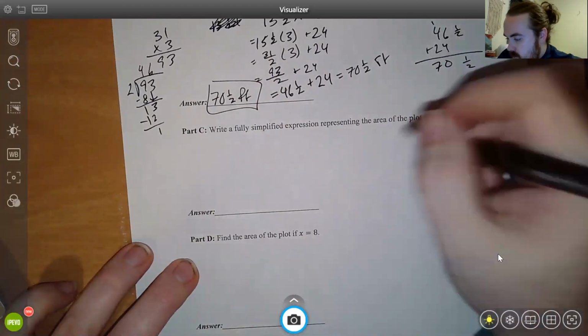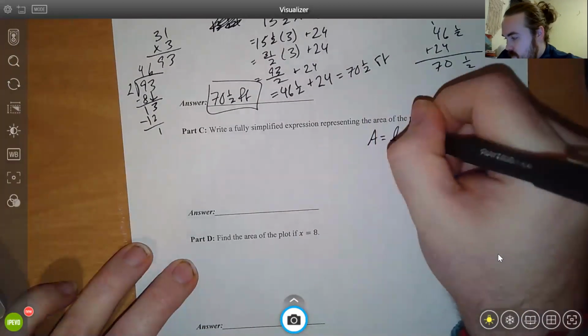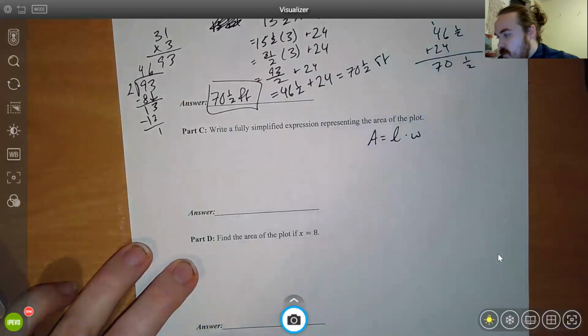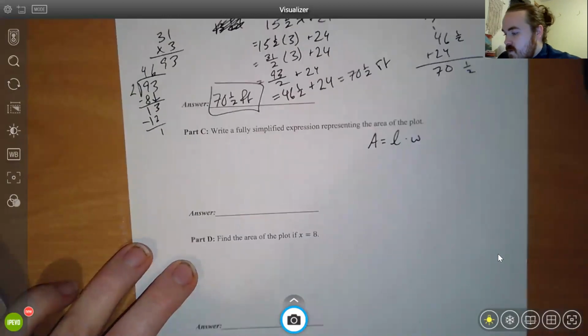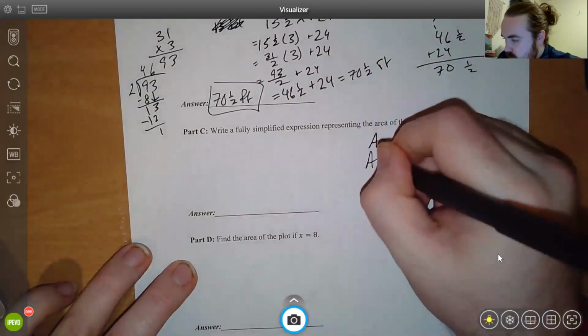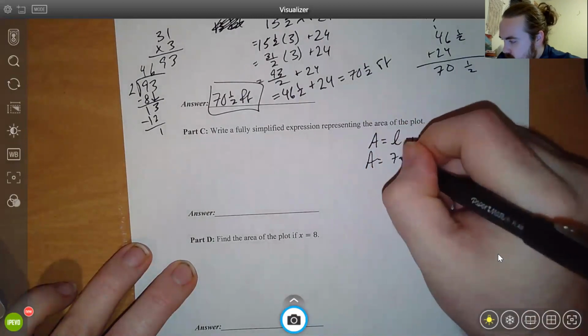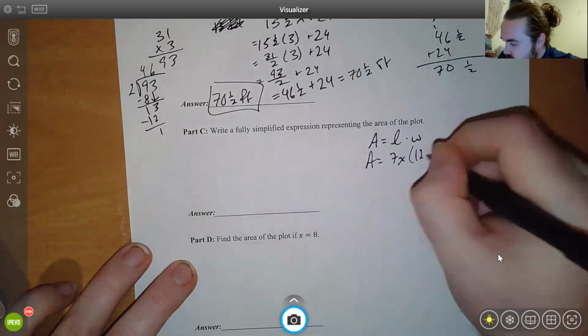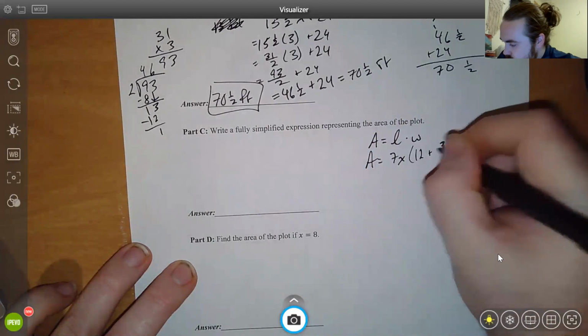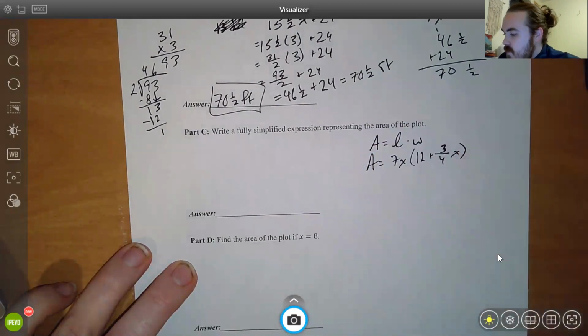Now we know for area, it's length times width. A lot of you don't know how to multiply numbers like these together yet, though. So the length is 7x, plug in. Width is 12 plus 3/4 x. Put the number outside parentheses, distribute it, and draw your arrows.